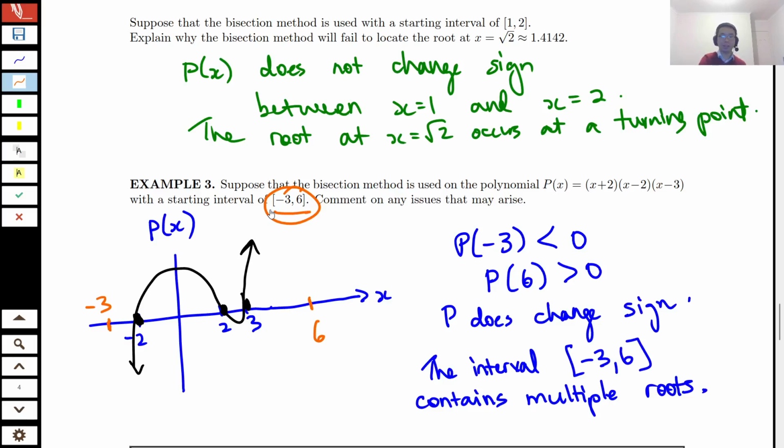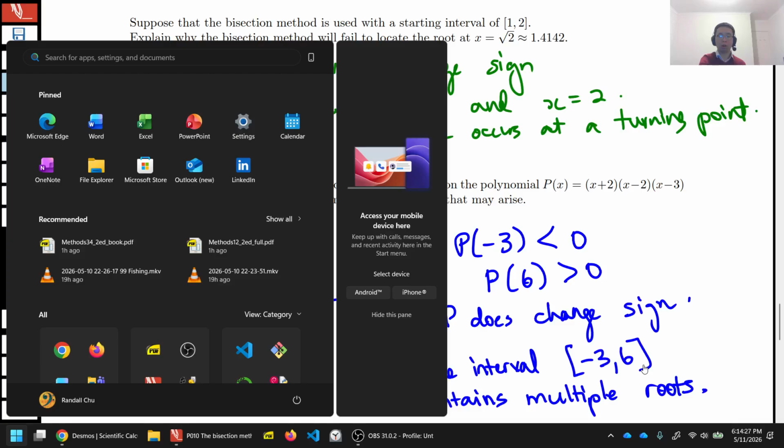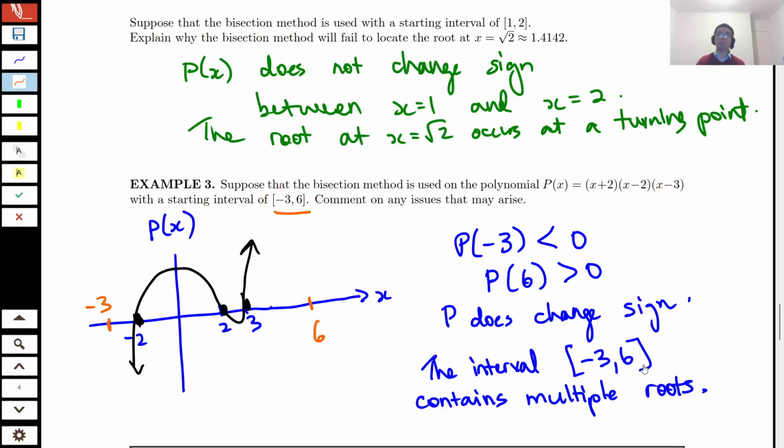Of course, in this case, we know what the roots are because the polynomial is really easy. The purpose is not to use the bisection method on a simple polynomial like this, but to demonstrate that there might be issues in applying it when you need to work with more complicated functions, if that's what you're going to do down the track.